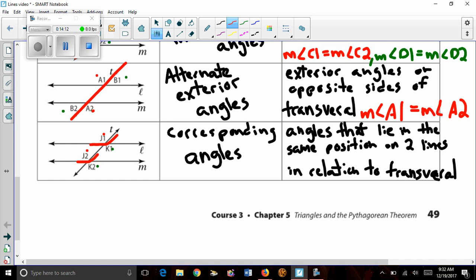And because of that, we can say that the measure of angle J1 is equal to the measure of J2.